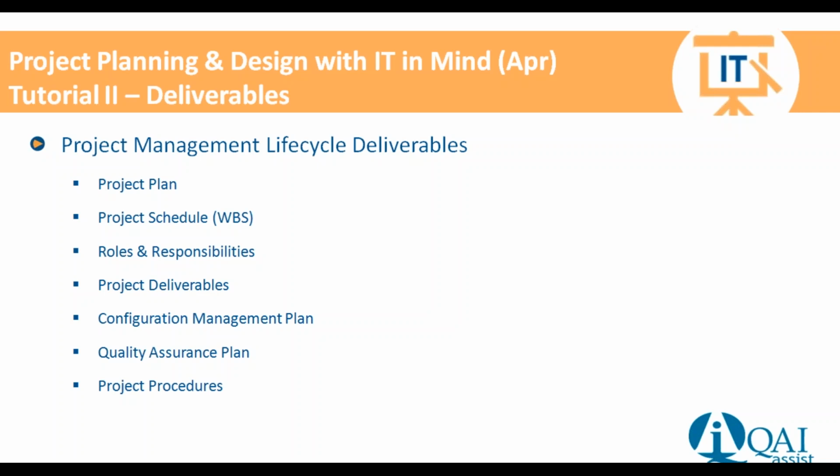And we've also talked about a quality assurance plan, to make sure that as we're going through the project, we can monitor the activities and how they're being done in accordance with the plan. We also wanted to lay out some procedures as far as how the team was going to go through the project, be it how they're going to place things under configuration management, be it how they're going to report team status.